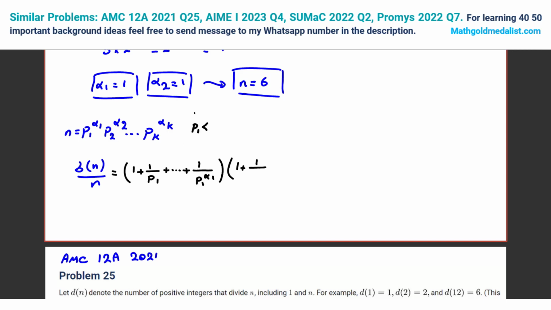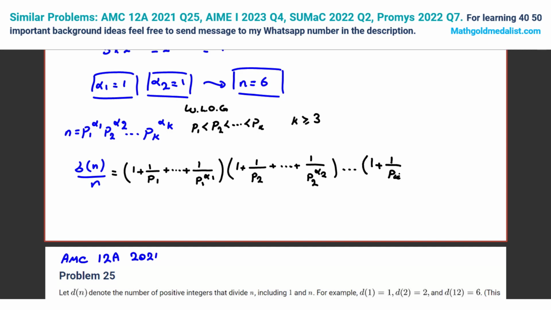Without loss of generality, we can consider p1 is less than p2 less than pk. And we know that k is at least 3 because we already considered 2 primes. Then p2 to 1 plus up to 1 over pk alpha k.